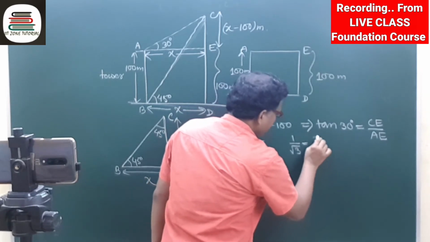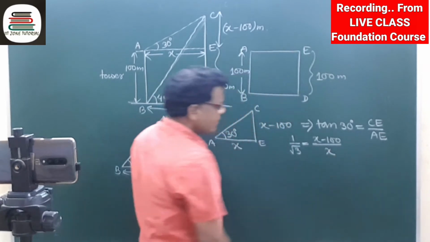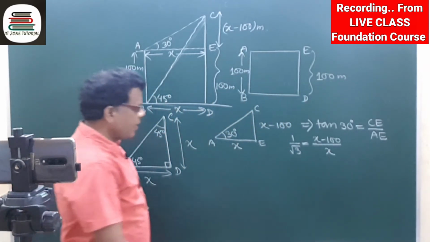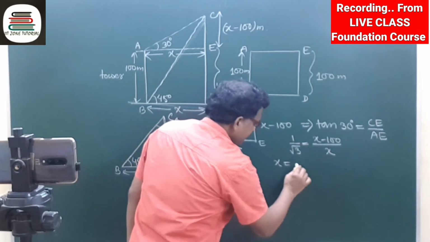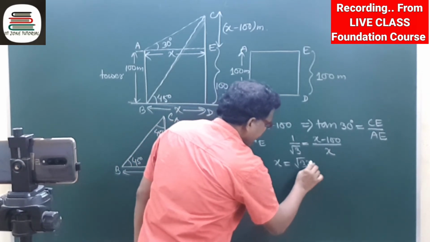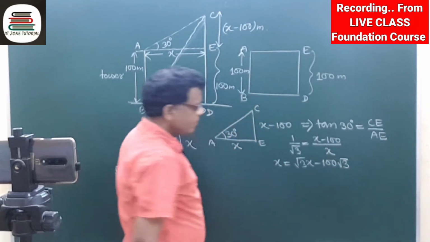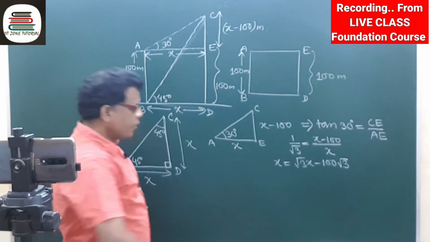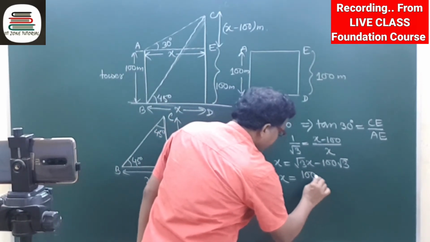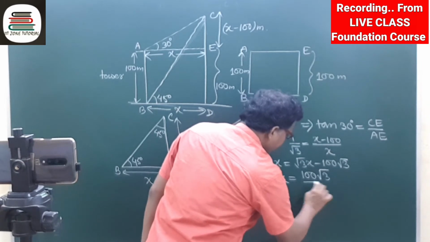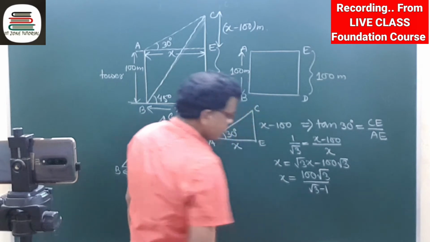So CE will be X minus 100 divided by X. So from there I can establish a relation X into root 3 equals X minus 100 root 3. So from this part X can be written, if you simplify it, 100 root 3 divided by root 3 minus 1.